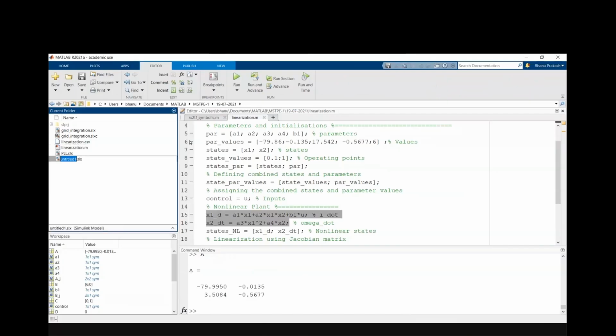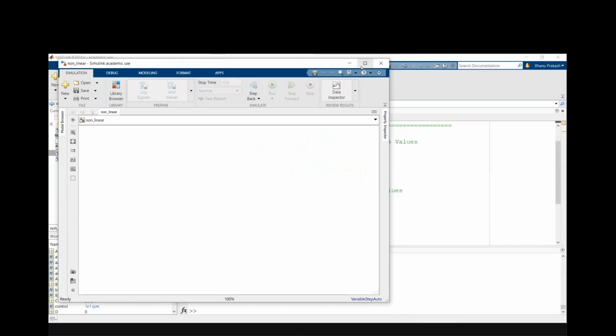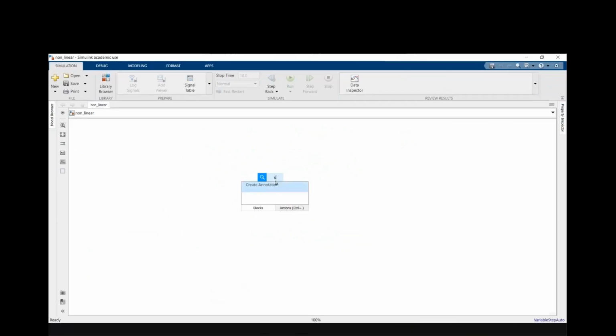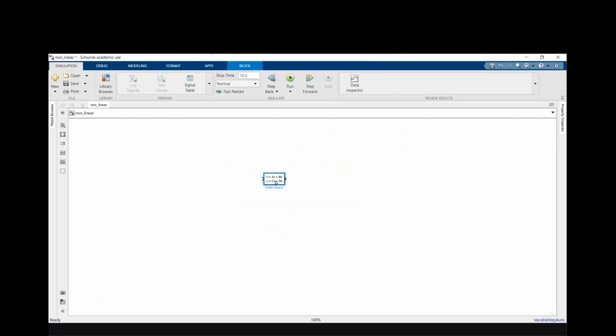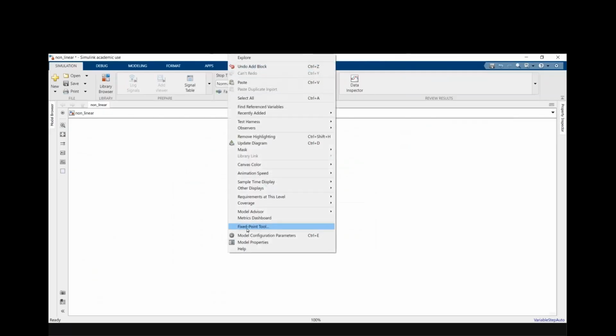I'll save it as non-linear. Okay, there is something called state space. In this one, first you define what your matrices are.